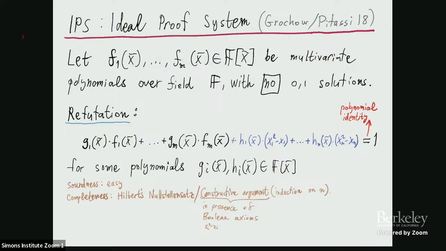So here is the ideal proof system introduced by Grochow and Pitassi. This is the journal version. Basically, this idea of ideal proof system was circulating. It was mostly initiated, I would say, in '96 by Toniann Pitassi.